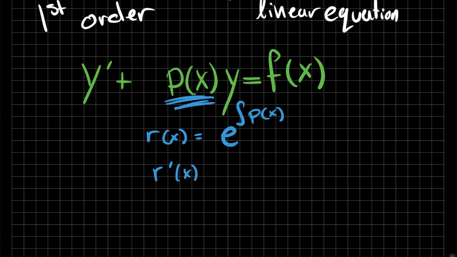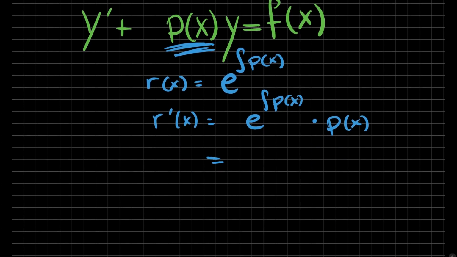Well, chain rule tells us that we get this times the derivative of the inside function, which is p of x. In other words, you could write the derivative as r of x times p of x. So now that we know this information, we can go ahead and multiply the r of x to both sides. So let's do that.